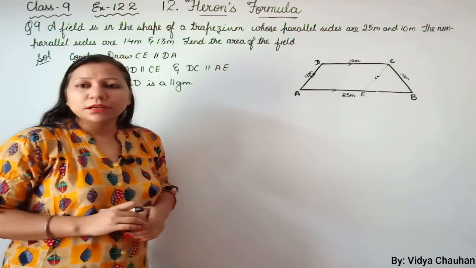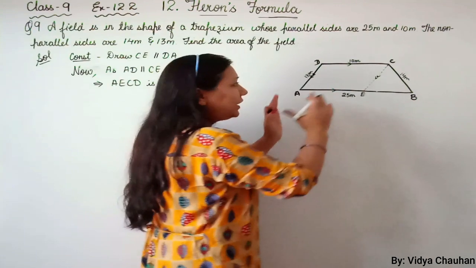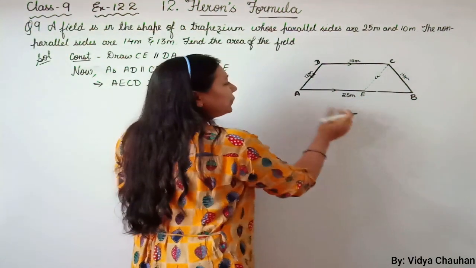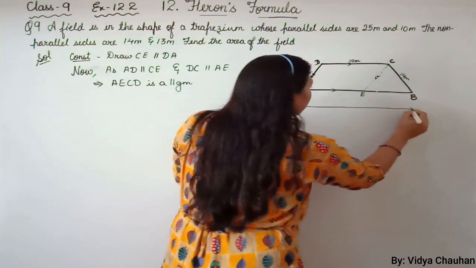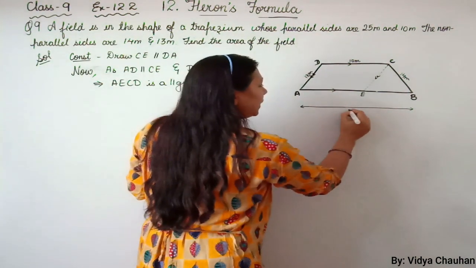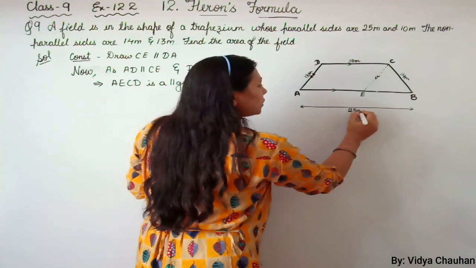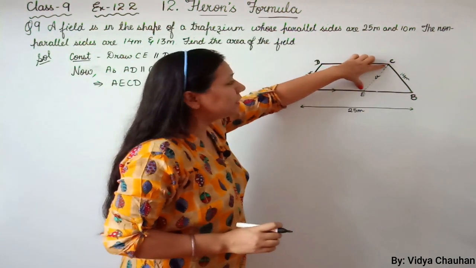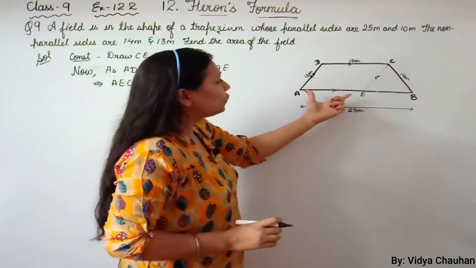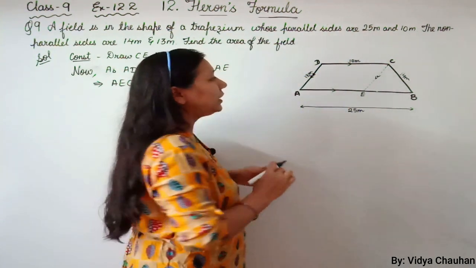Now with this, let us find out the dimensions also. Here you can see that our complete side AB is 25 meter. Now as I have drawn this parallel line CE, what will be the dimension of AE?